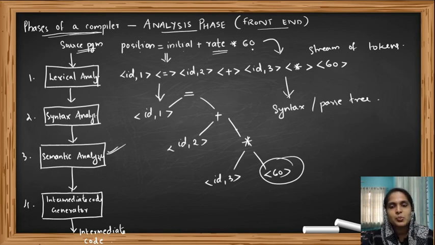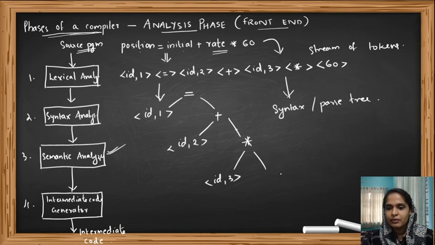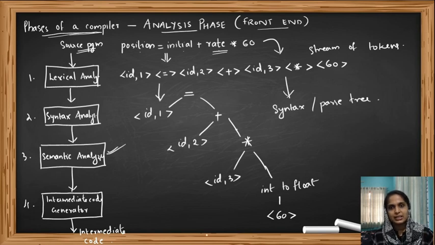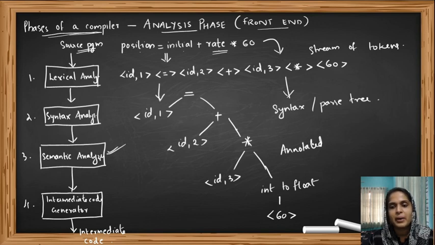So the 60 must be converted to float. Then we have to do the multiplication operator. So here, instead of writing 60 directly, we will be converting this 60 to float, that is int to float, and that value will be multiplied with ID 3. Now this syntax tree is known as the annotated syntax tree or the annotated parse tree.